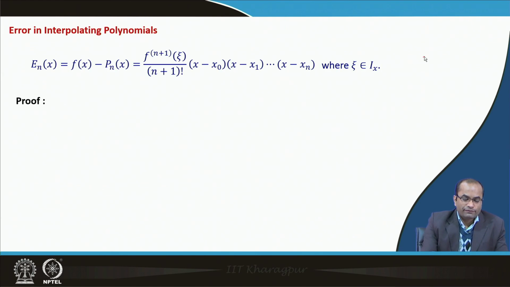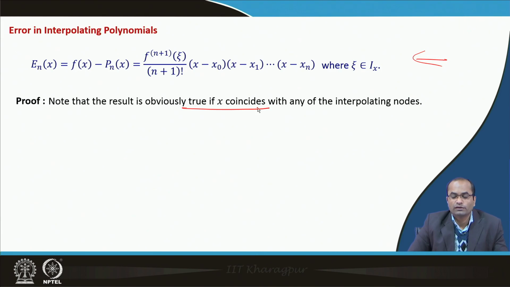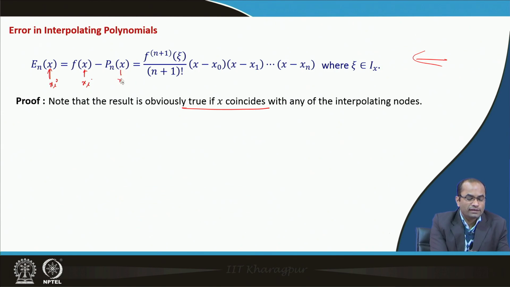So, we want to derive now how to get this formula for the error. The proof we will just go for the outline. The result is obviously true when x coincides with any of the interpolating nodes. Why? If x coincides with x_i, then we have f(x_i) here, and naturally this polynomial passes through all these points f(x_i).